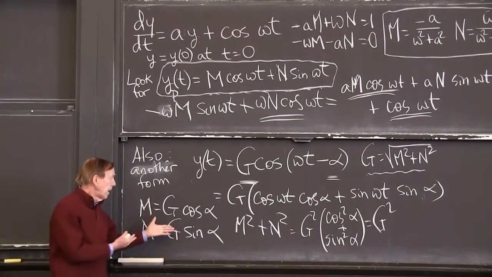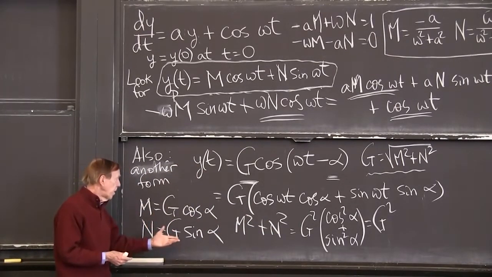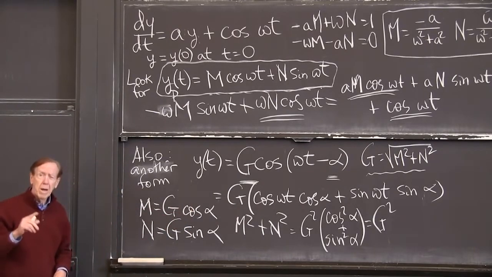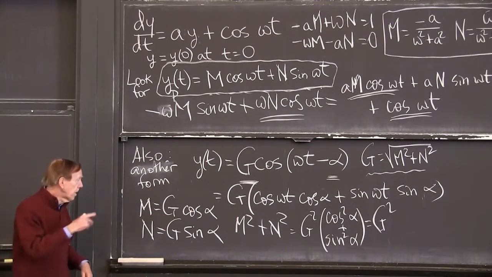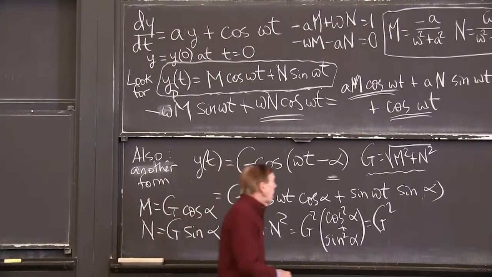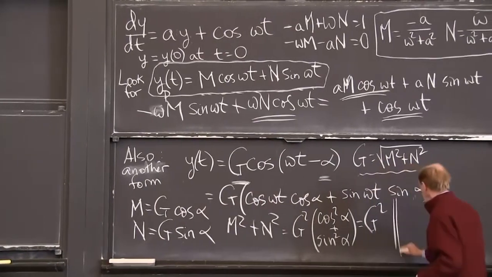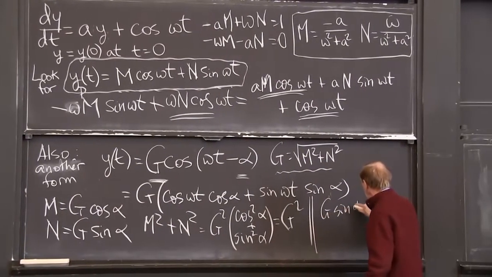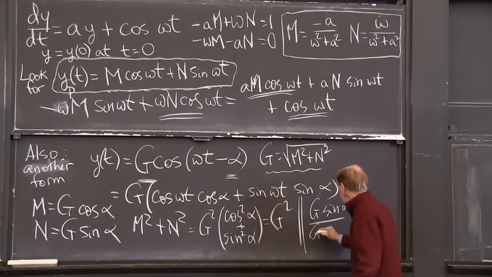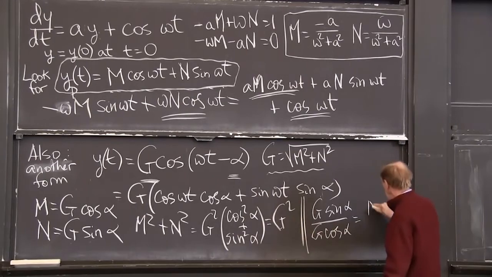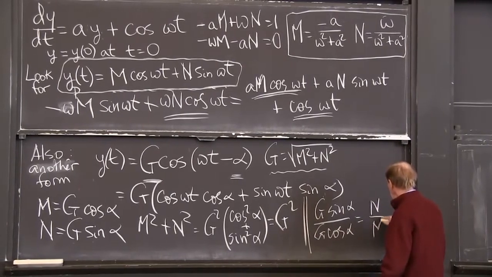Now, the way to do it is take the ratio. If I take the ratio of that to that, divide one by the other, the g's will cancel. So I'll take the ratio to get g sine alpha divided by g cos alpha, which is then n over m, right?